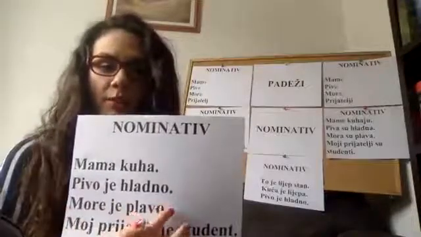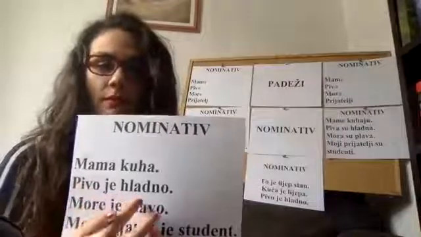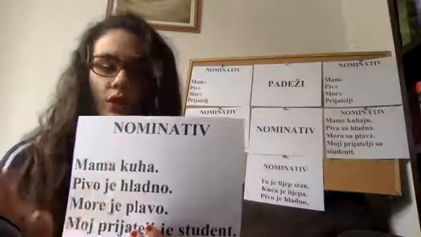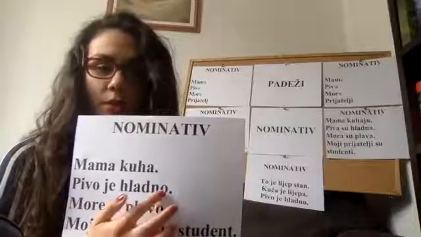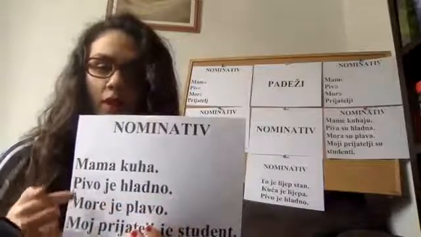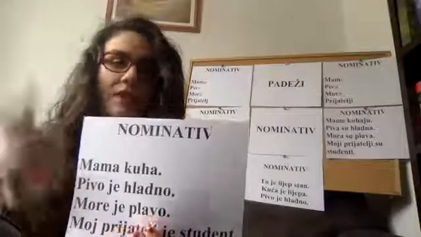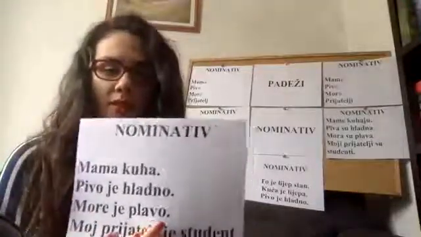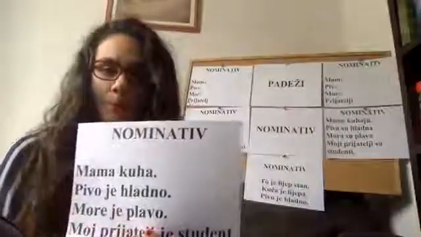For now, it is important to remember that if we have a neutral word, the word that describes it also has to be in neutral. 80% of the time, that's going to be O in both. If it ends with this funny group, then we're going to use E. But for now, let's stick with O.